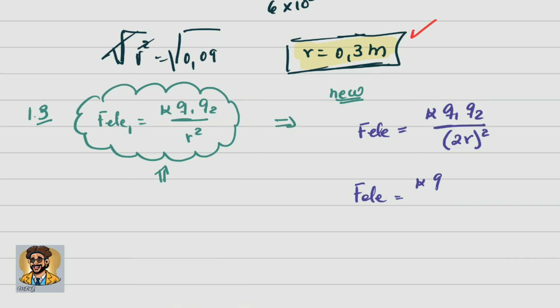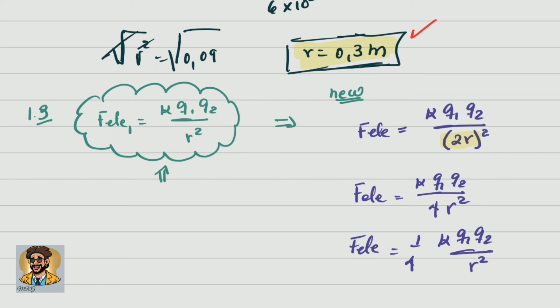This is K Q1 Q2, and when you solve the bottom, you get 4 multiplied by R squared. So now we can say that this electrostatic force is equal to 1/4 of K Q1 Q2 divided by distance squared.